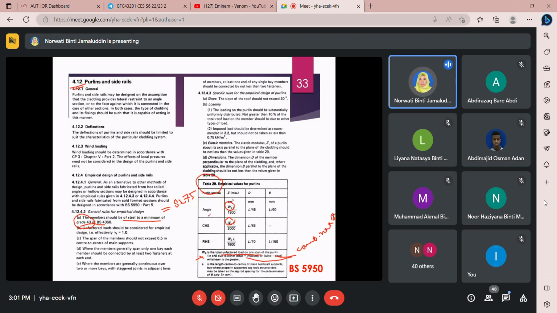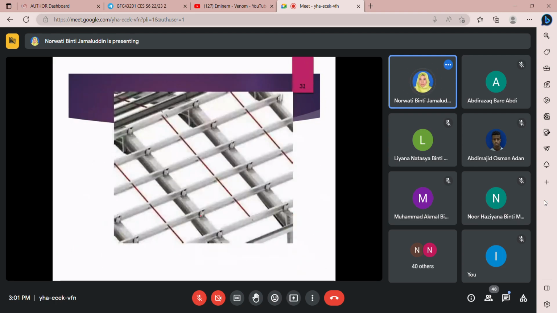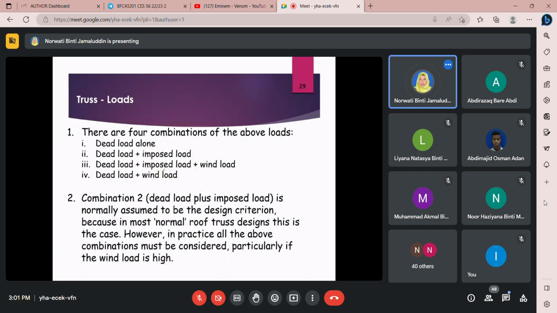Like I said from the previous slide, you need to carry out all this combination and look for the most severe load case. And then let's say the severe load case is from the combination of these three loads, and then you need to use this load for further analysis.